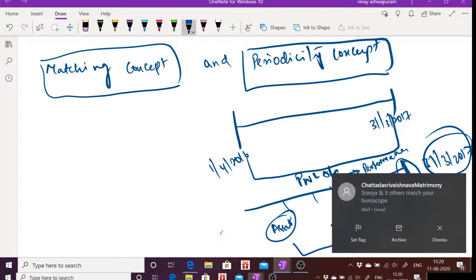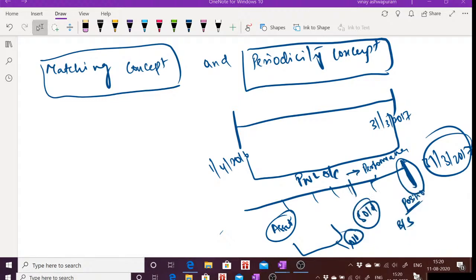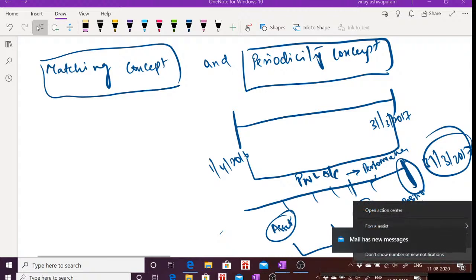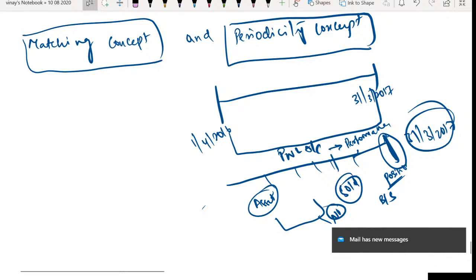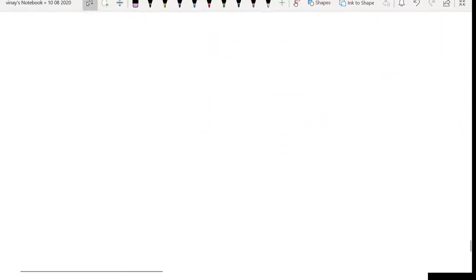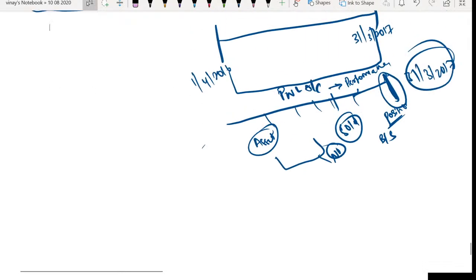Second point, when it comes to the nominal account, when it comes to the profit and loss account, I will show only those nominal accounts which happened during this year.